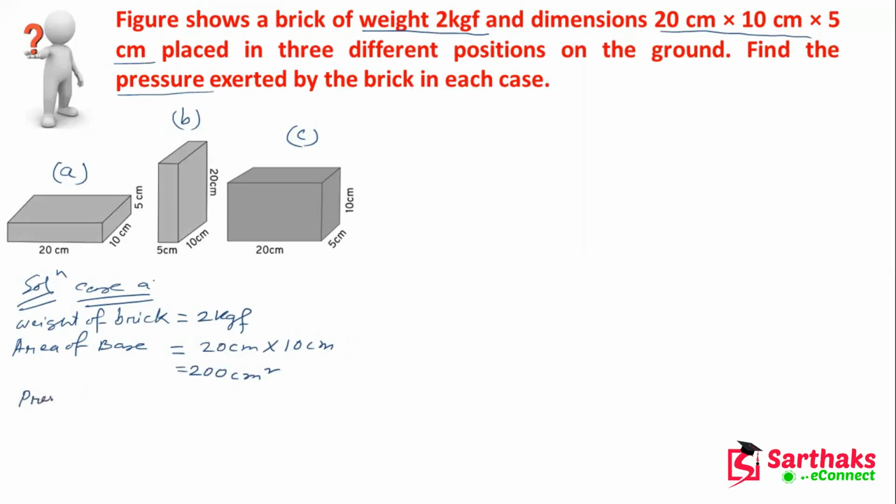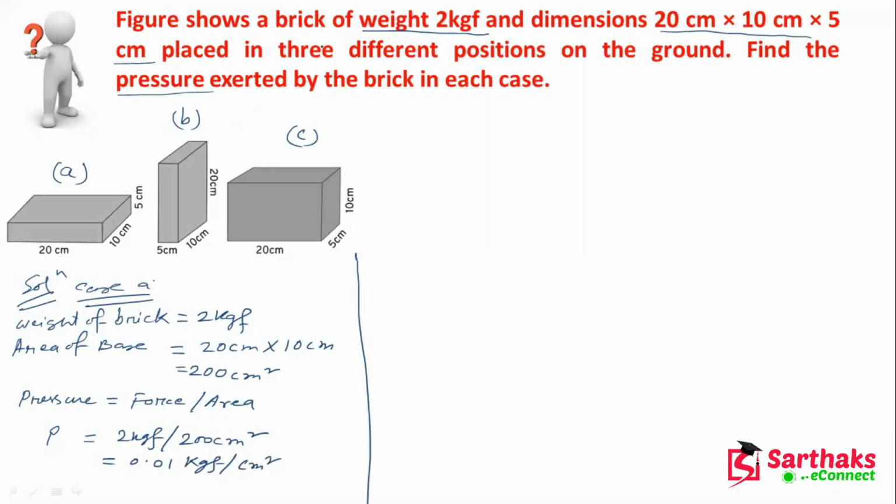Now we know that pressure equals force by area. So pressure P is 2 kgf divided by 200 centimeter square, that will be 0.01 kgf per centimeter square. Fine. kgf is also a CGS unit, that's why I'm not changing it.